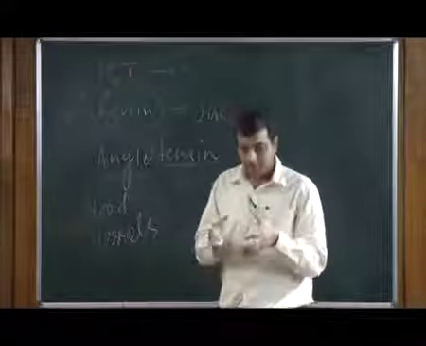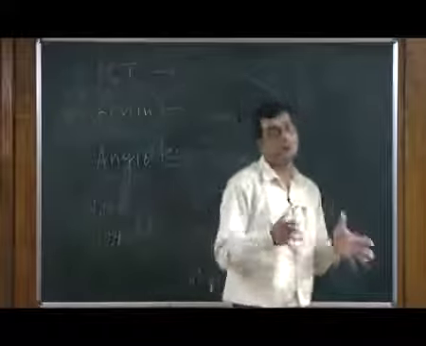Now this angiotensinogen conversion into angiotensin 1 is done by this enzyme, and that is called renin. This angiotensin 2 is what is causing the increase in the blood pressure.